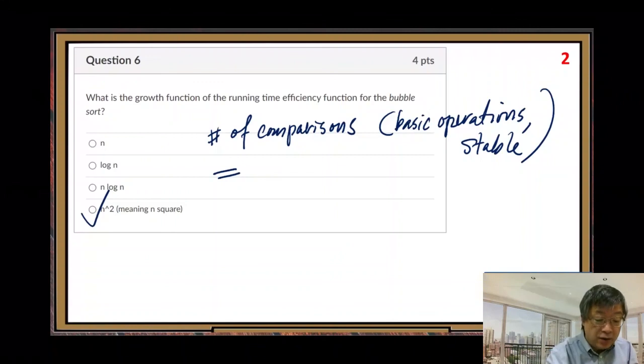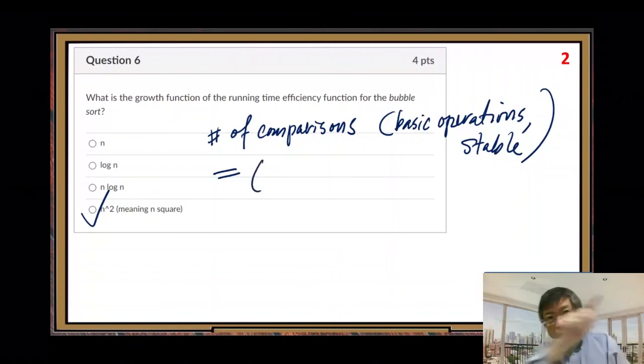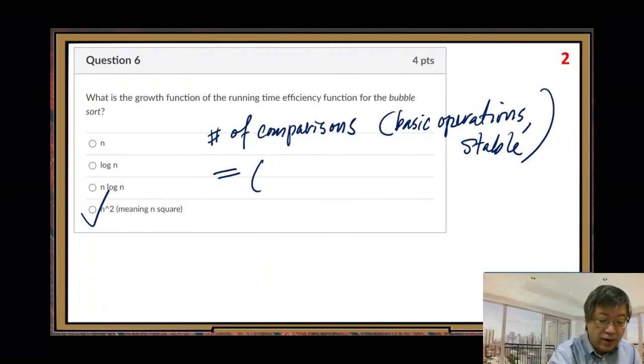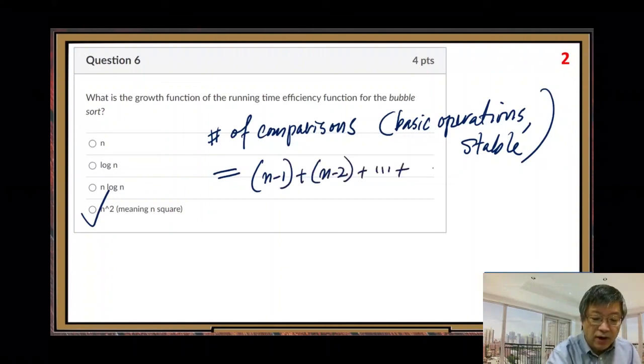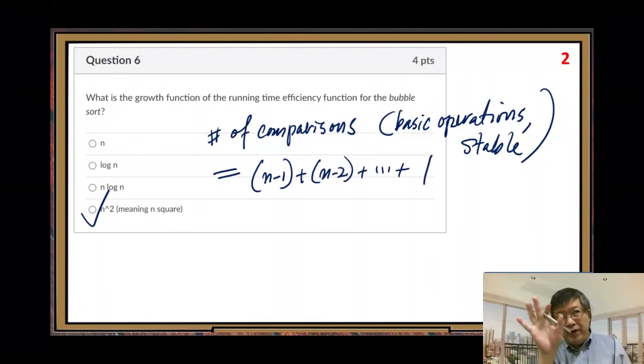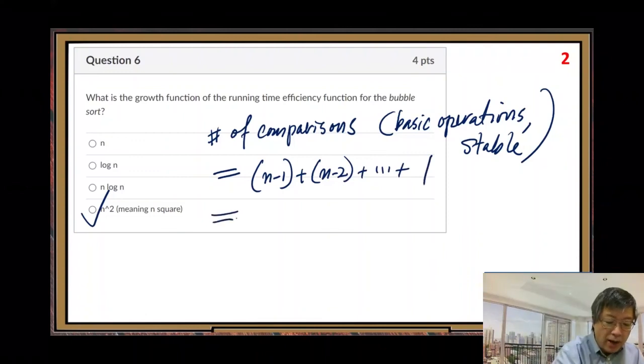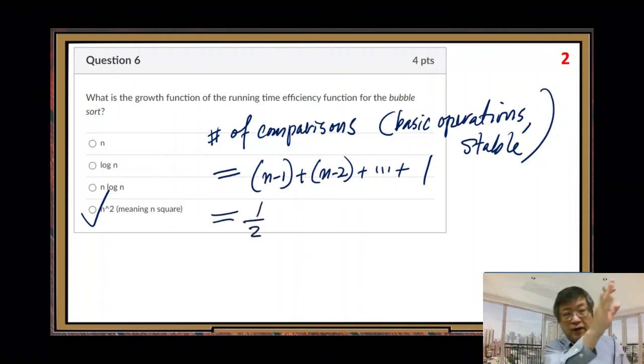So how to calculate? In the first round, you go through the whole array and get n minus 1 comparisons. Second round, n minus 2 comparisons, and so on. The last one, you get 1. So you add up all these numbers by the arithmetic series formula.